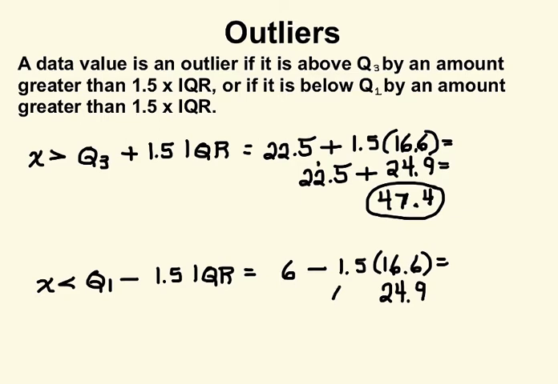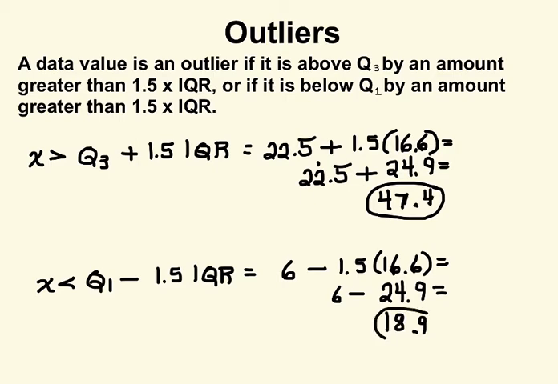Here we have 6 minus 24.9. What is that equal to? That gives us 18.9.